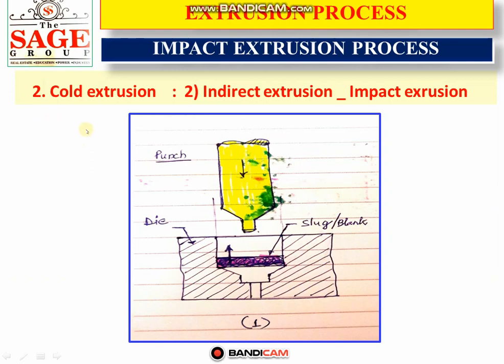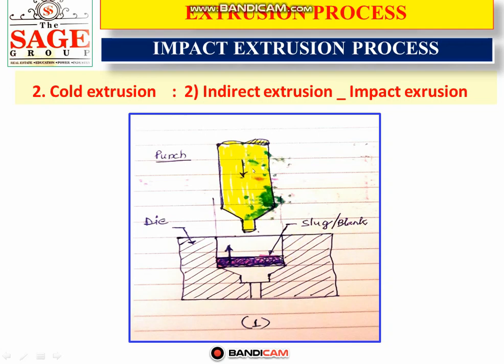Now the second classification under the cold extrusion process is impact extrusion, which comes under the backward or indirect extrusion process. This is the setup of the impact extrusion process, in which this is the die having a cavity of the required shape, and this is the slug or blank, the raw material, placed here.